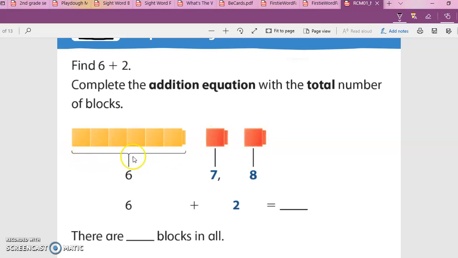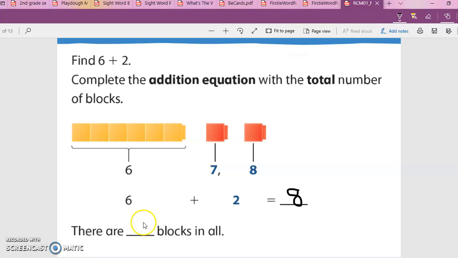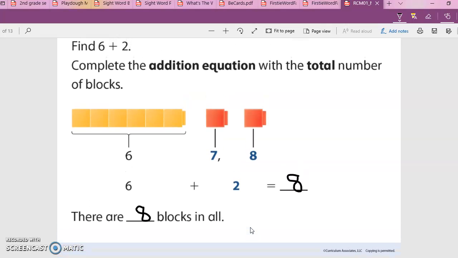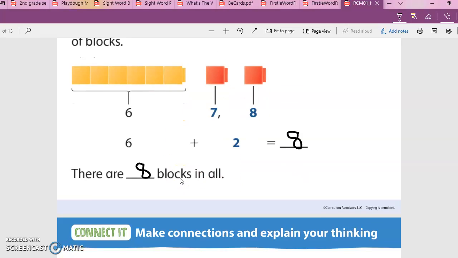And they show you that they're starting with 6, counting on 7, 8. So 6 plus 2 equals 8. And on your page, you should write an 8 in this blank spot as well. There are 8 blocks in all. Because remember, we always label our answer. So that way we know what we're talking about. So this is one strategy that you can use.